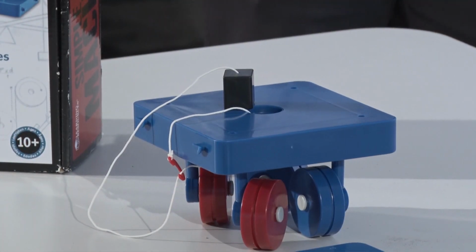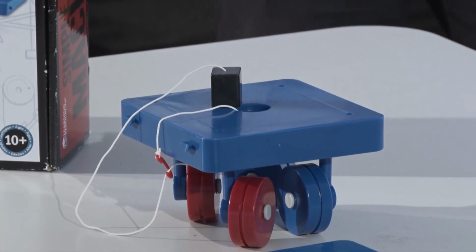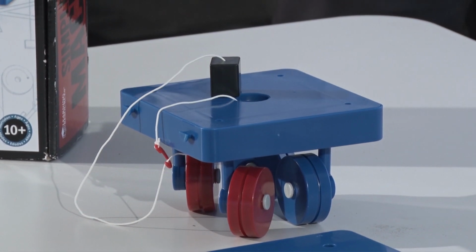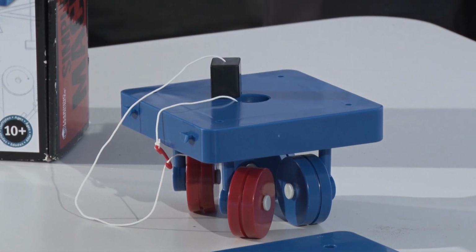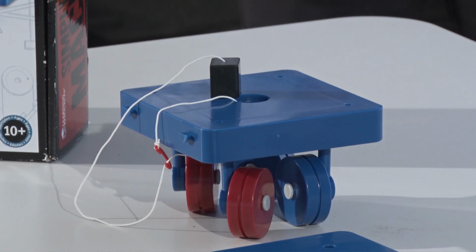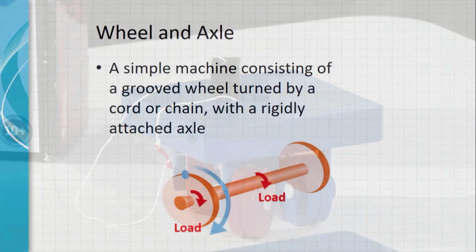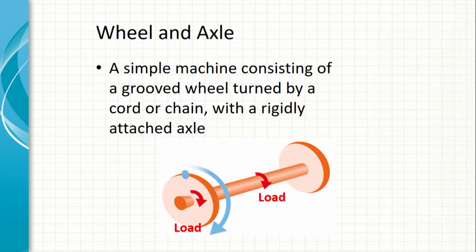A wheel and axle is a simple machine consisting of a grooved wheel turned by a cord or a chain with a rigid axle attached to them. So in this diagram, we have one wheel here, another wheel, and they are connected by a rigid axle. And again, we need the word rigid, so when we apply the force it would be transmitted to the other side.